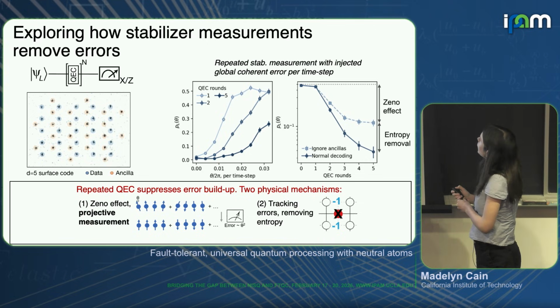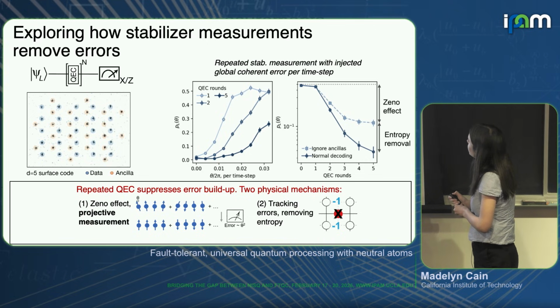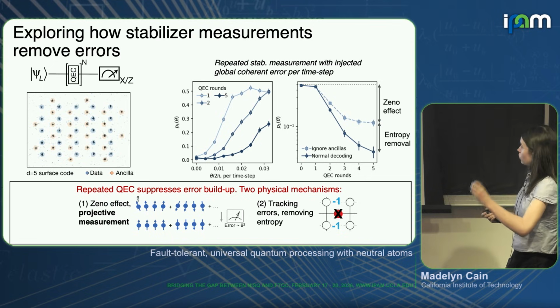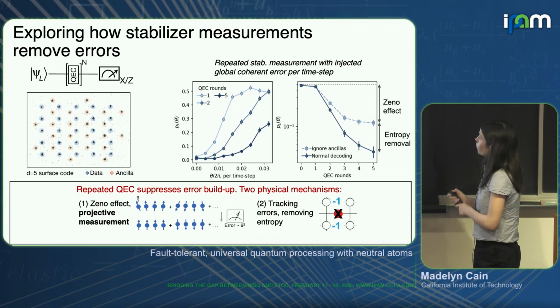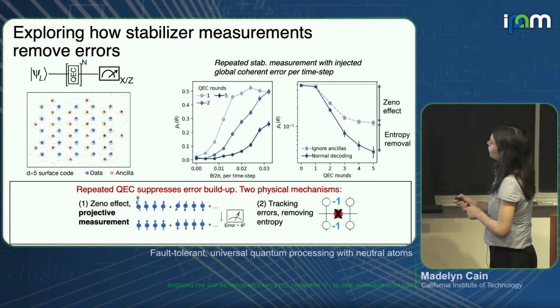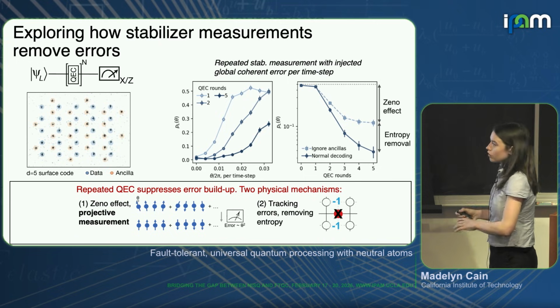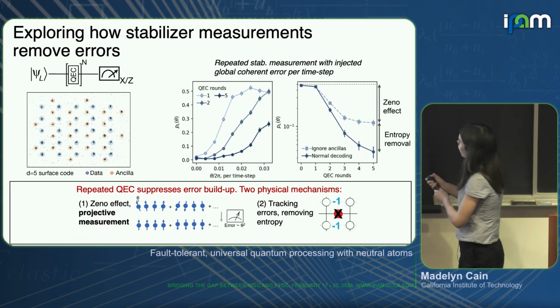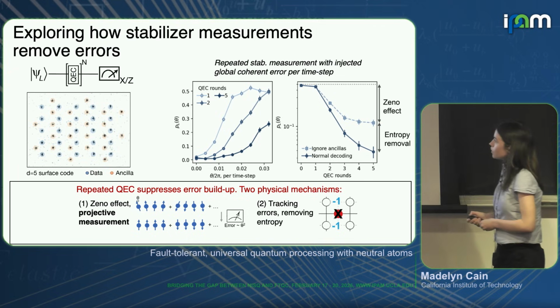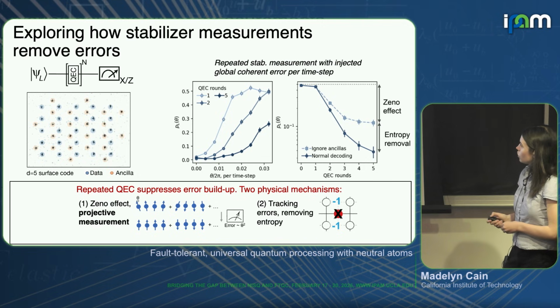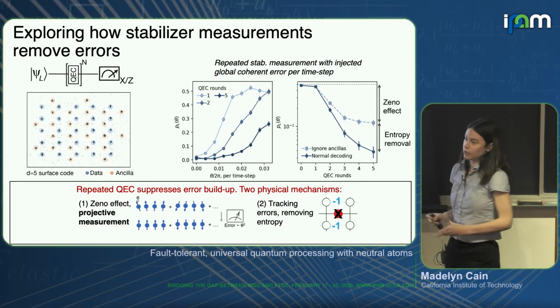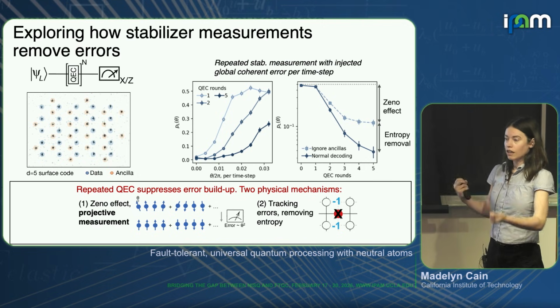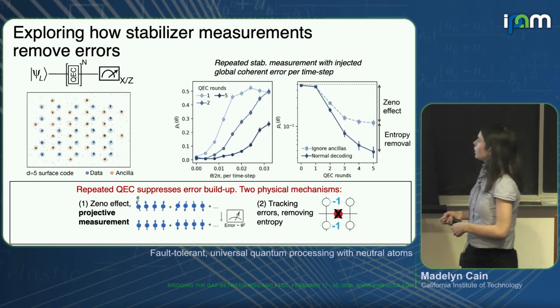Roughly half the error rate is reduced just from this Zeno effect, which we get by looking at the logical error rate while ignoring the stabilizer information. The other half of the error suppression is due to this entropy removal. Once we use the stabilizer information, we can tell what errors occurred and remove them by decoding.